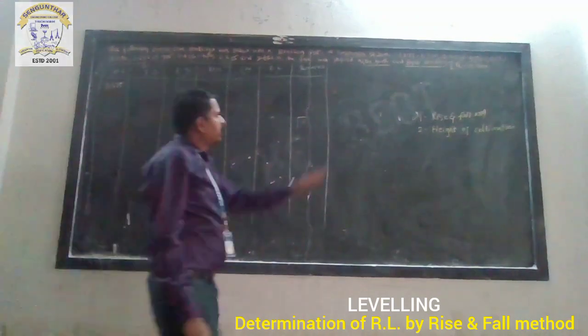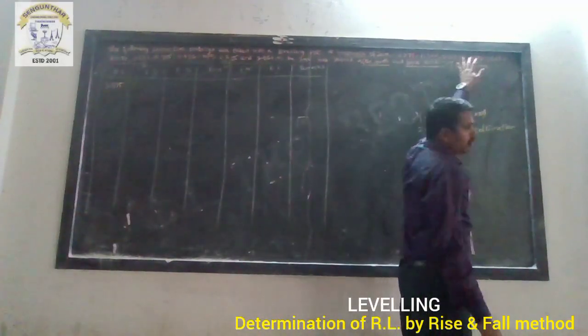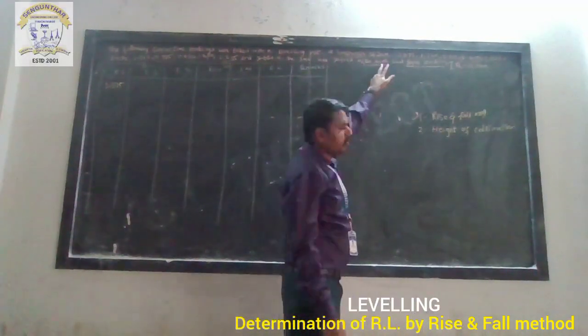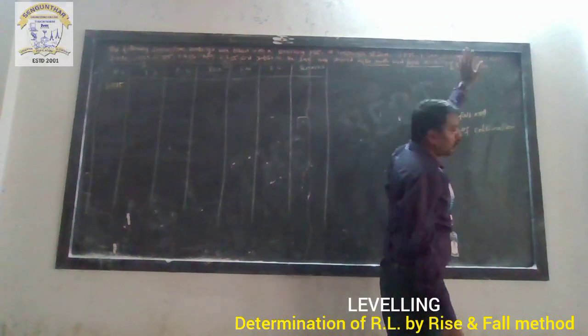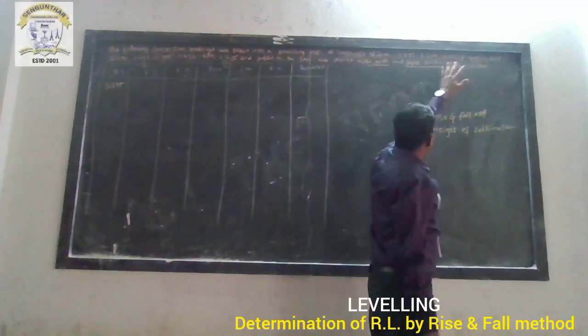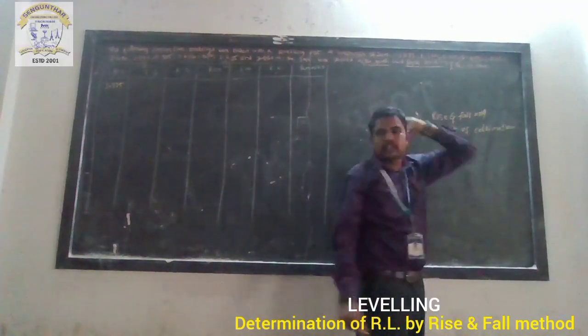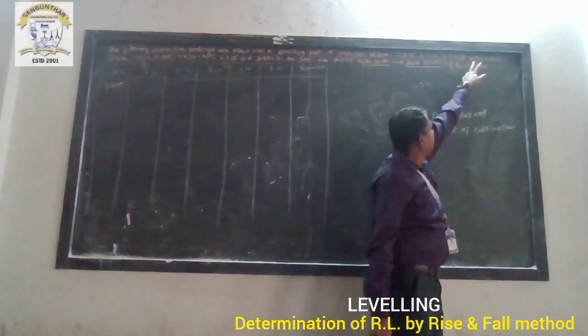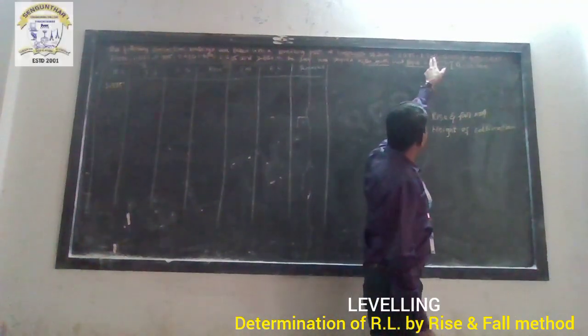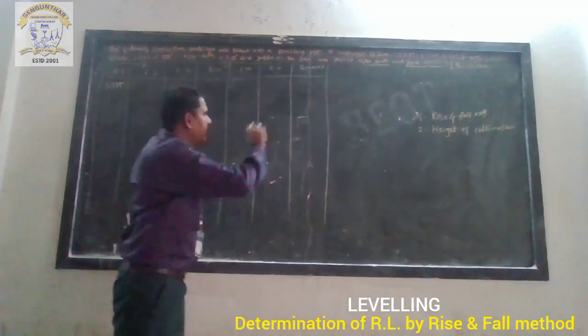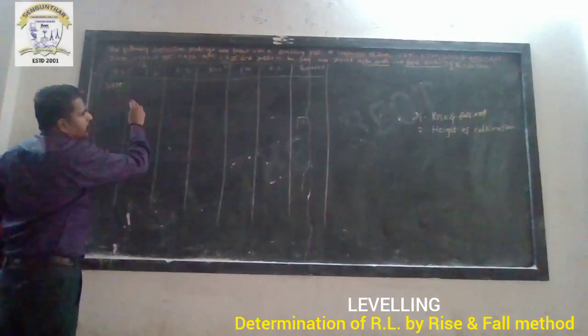Next, in the first set, how many readings are there? There are 4 readings, because the instrument shifted after the 4th. From those 4 readings, the very first reading is noted in the back sight. The final reading is noted in the foresight. So how many intermediate readings are there? There are 2 readings, which are taken as the intermediate sight.